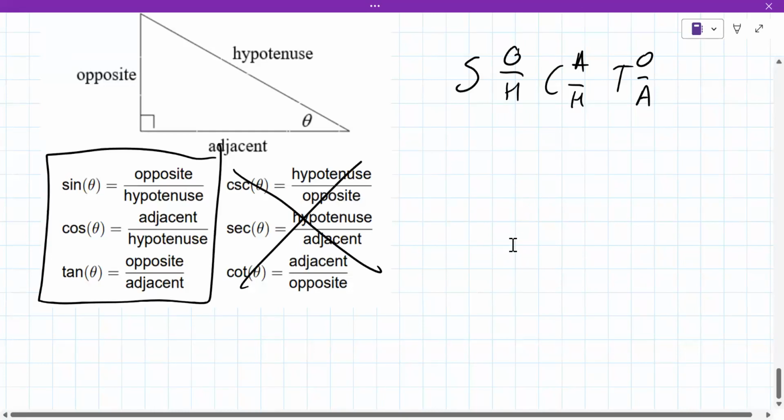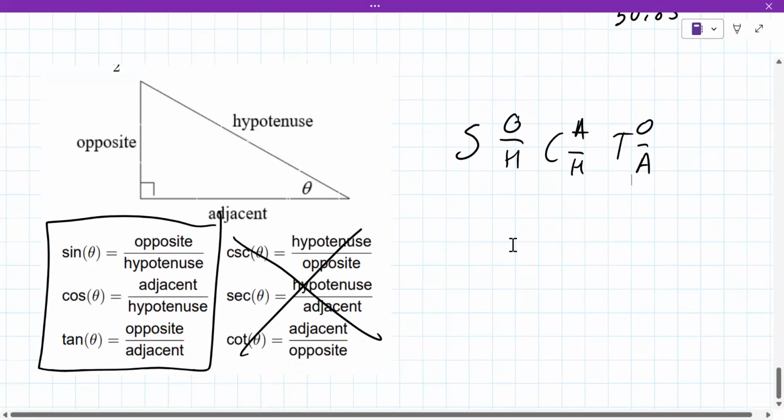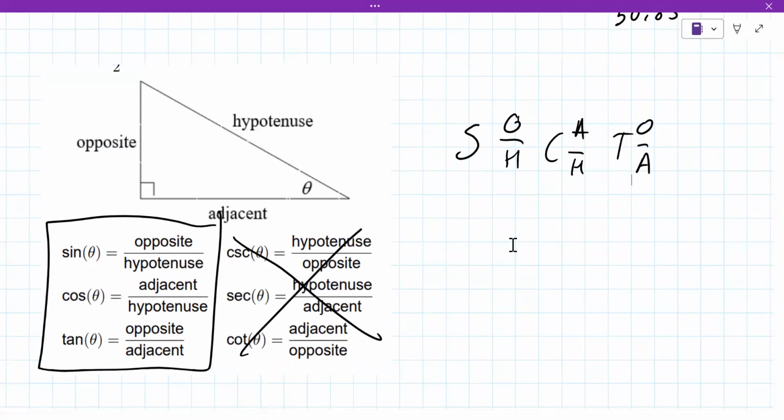I'm just about to finish up cosine right now. All right, I got it all written down.